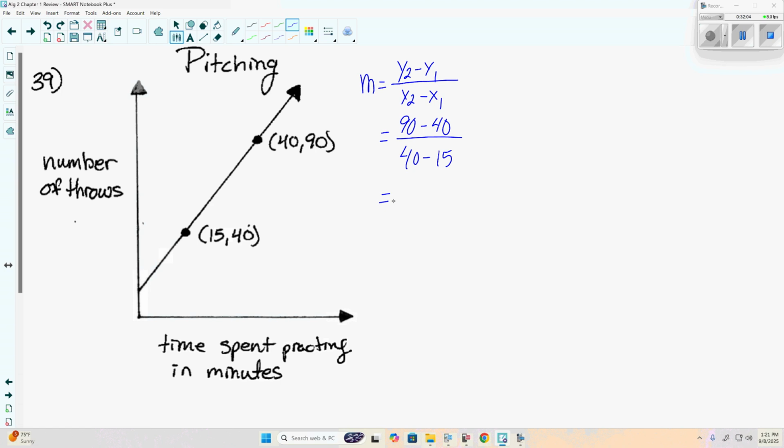At this point, we can type that entire thing into the calculator, let it do it for us. Or if we did this by hand, 90 minus 40 is 50. 40 minus 15 is 25. And 50 over 25 is 2. Questions on how we found the slope?